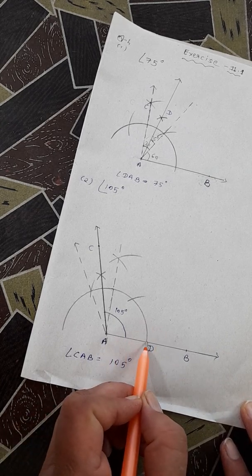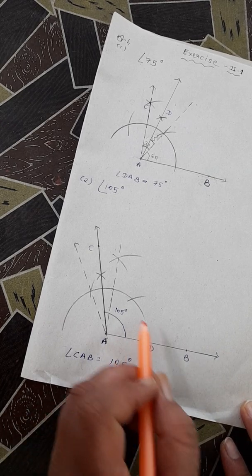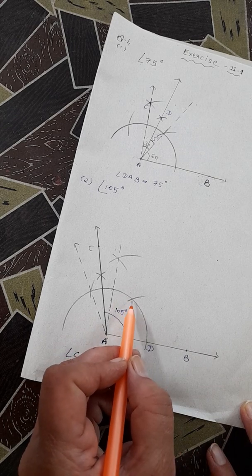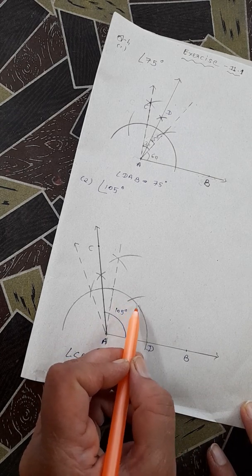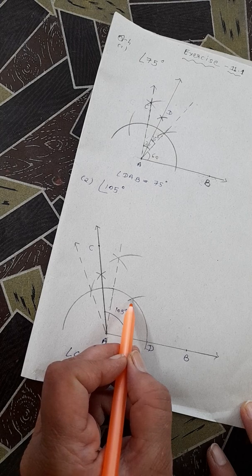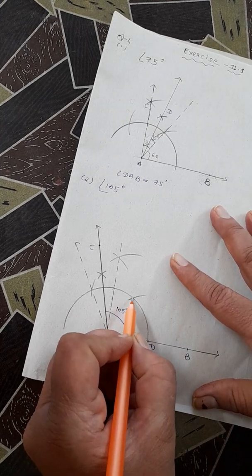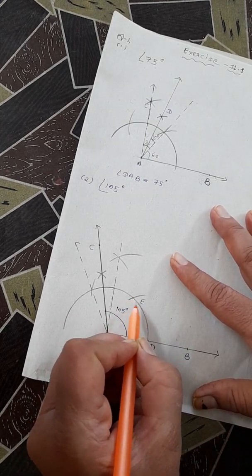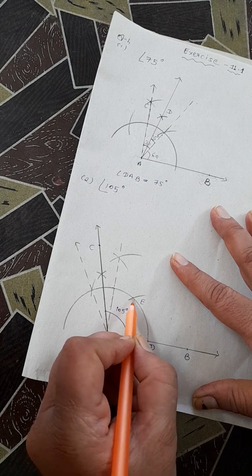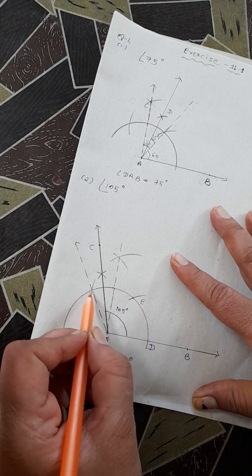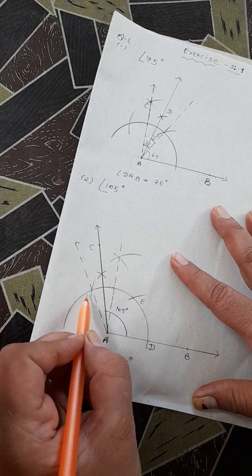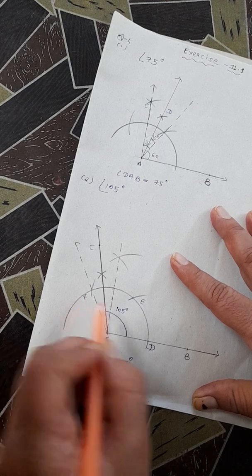Taking D as a center, draw the arc which intersects the previous arc in a point E. Taking E as a center, draw the arc which intersects the previous arc in a point F.